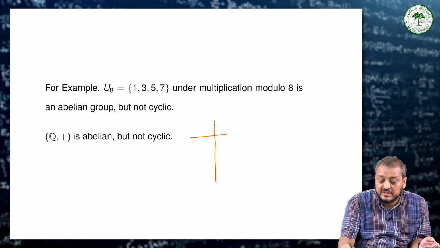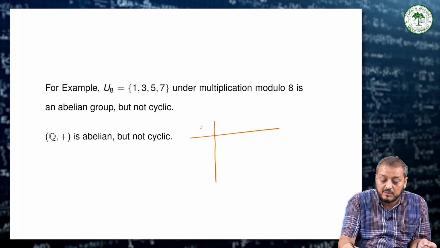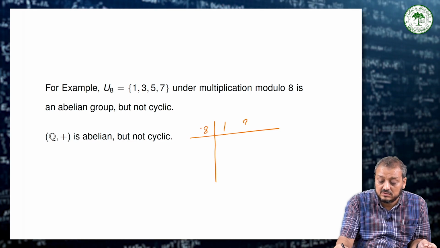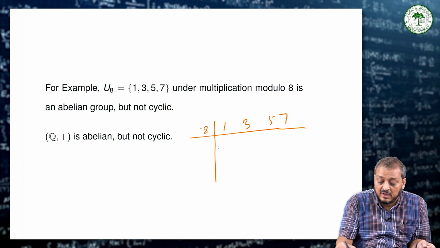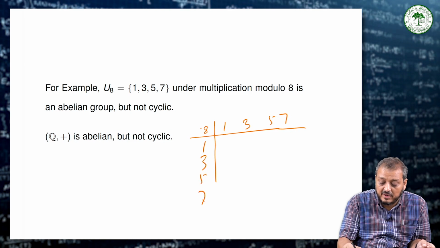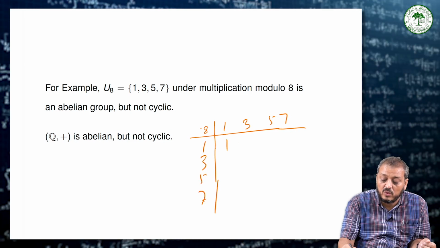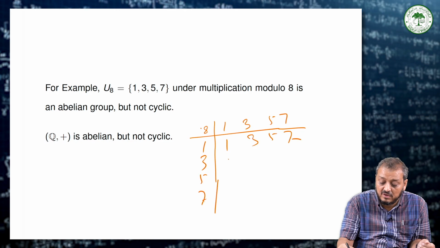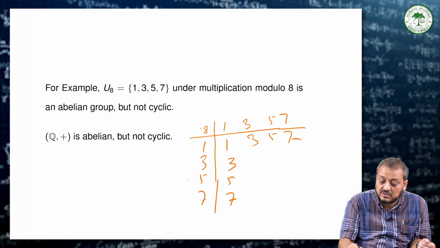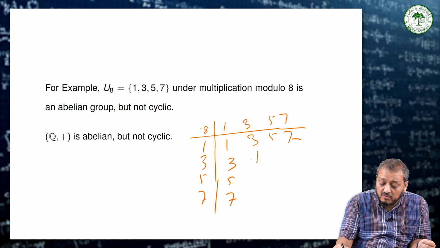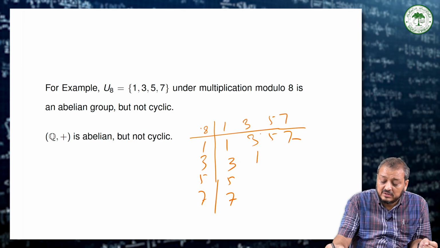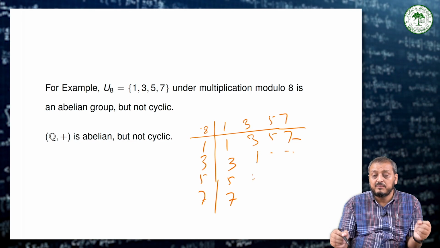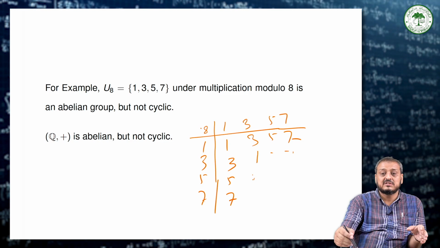We can easily check that U8 is abelian under multiplication modulo 8, with elements 1, 3, 5, 7. By the table, 1, 3, 5, 7, then 3, 5, 7, then 1, and similarly we complete all the elements.